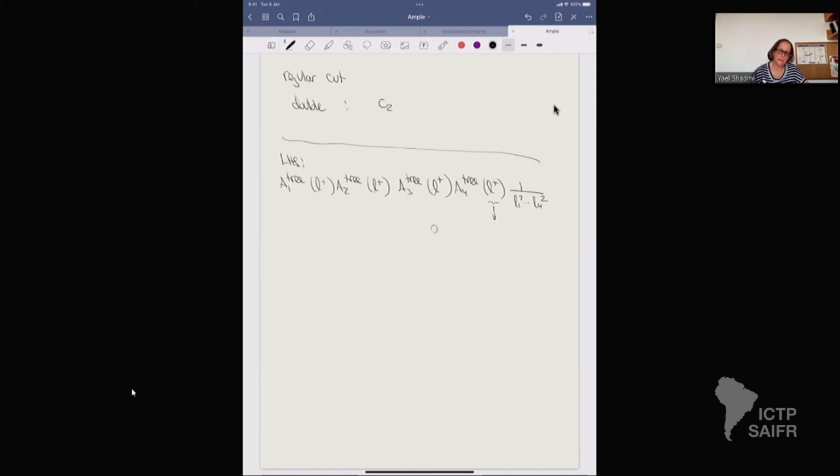Remember, the equations had 2 discrete solutions. And so this is just one of them. Plus we have the same thing where plus goes to minus.